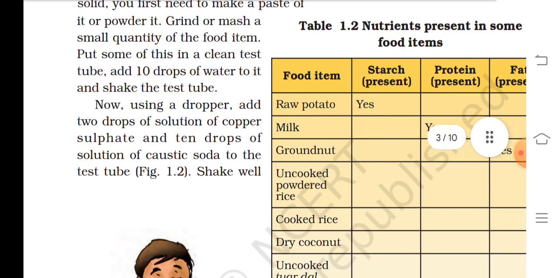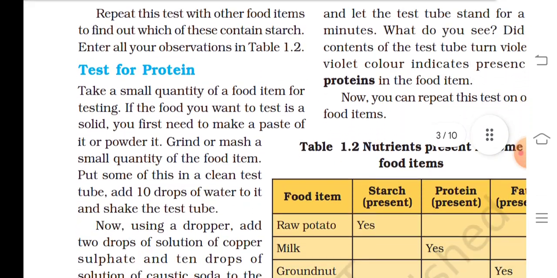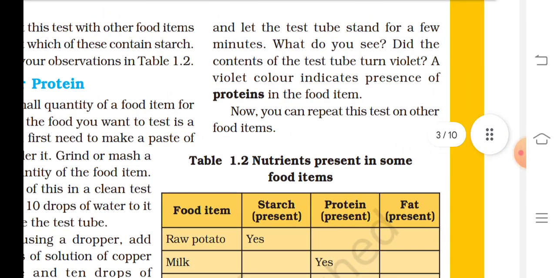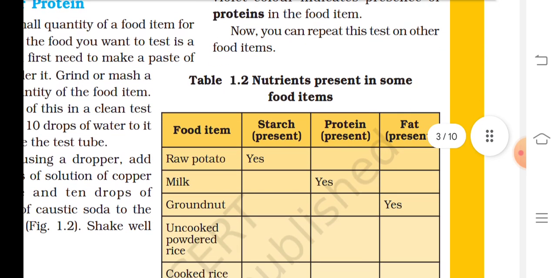Using a dropper, add 2 drops of copper sulfate solution and 10 drops of caustic soda solution to the test tube. Shake well and let the test tube stand for a few minutes. What do you see? Did the contents of the test tube turn violet? A violet color indicates the presence of protein in the food item. Now you can repeat this test on the other food items.